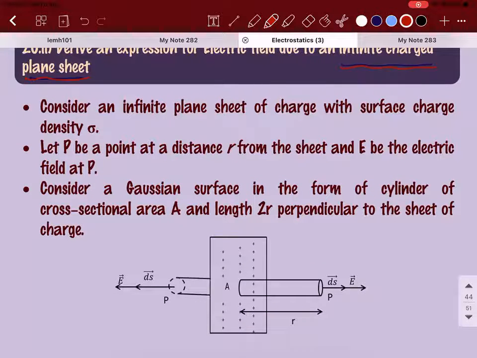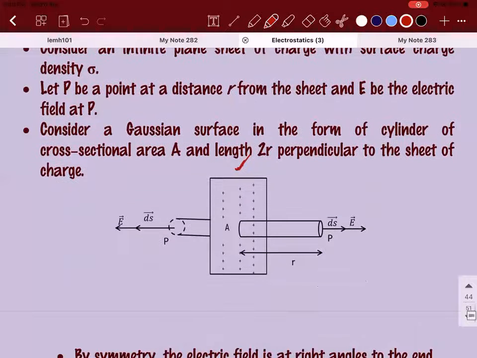So what is the first step? You obviously need a plane sheet, a rectangular sheet, in which there is charge distributed uniformly. Are you able to see this? So first draw this. If you see a rectangle directly, it looks like this.